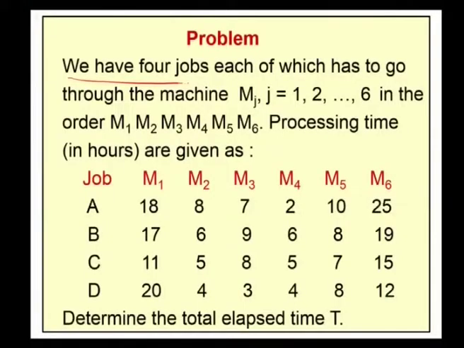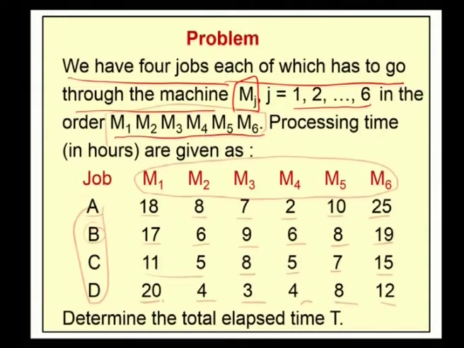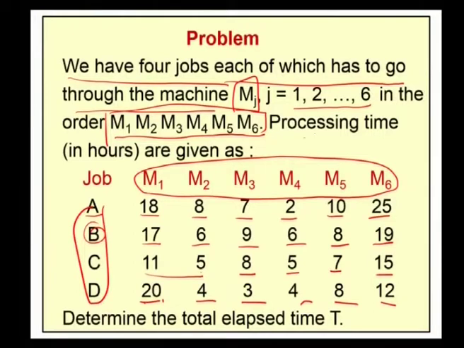Now, with the help of this procedure, we try to solve a problem consisting of 4 jobs A, B, C, D and 6 machines M1, M2, M3, M4, M5, M6, and the processing order is M1, M2, M3, M4, M5, M6.